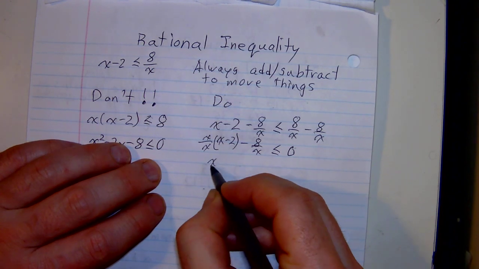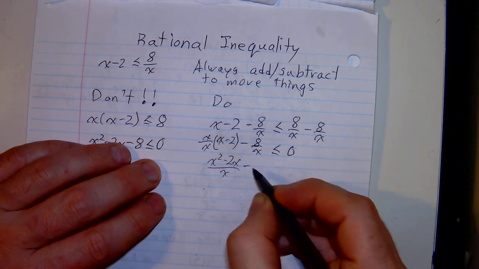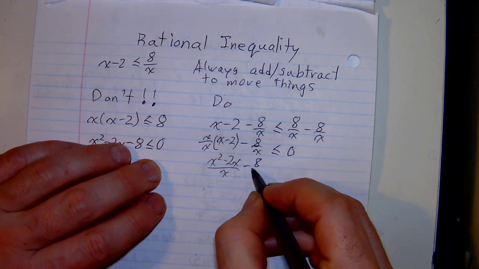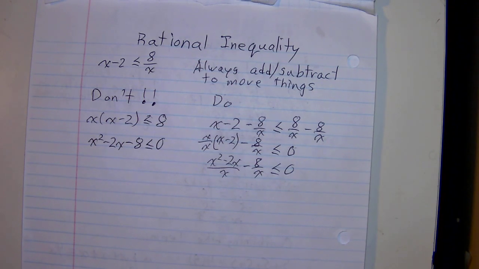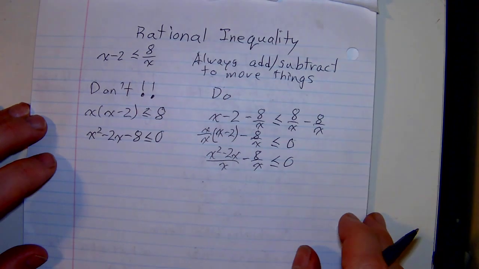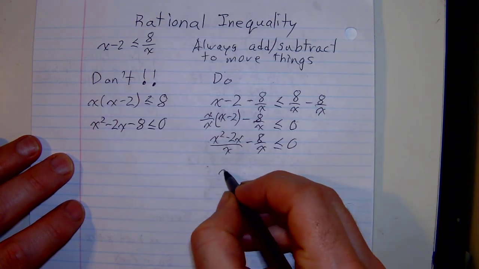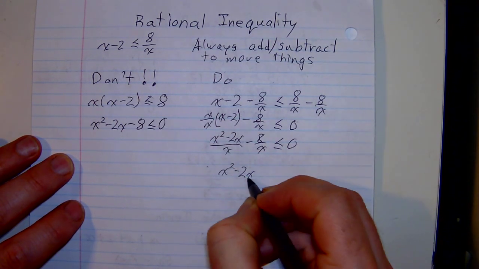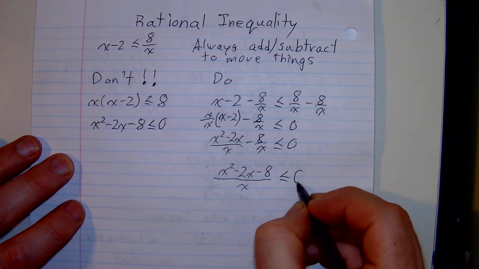And then we'll get x squared minus 2x over x minus 8 over x less than or equal to 0. And now we can push it a little farther, gather it all together: x squared minus 2x minus 8 all over x less than or equal to 0.